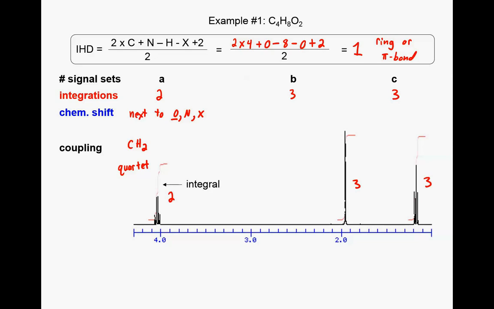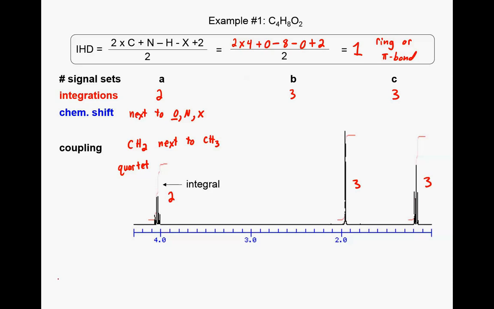Remember the N+1 rule? If we had a neighboring CH3, we'd have 3 hydrogens, and if we plug that in, we would expect 4 peaks. Is that how many peaks we have here? Yeah, that makes perfect sense. Because we've got a quartet, most likely we're talking about a CH2 next to a CH3. Let's think about what fragment we could have then.